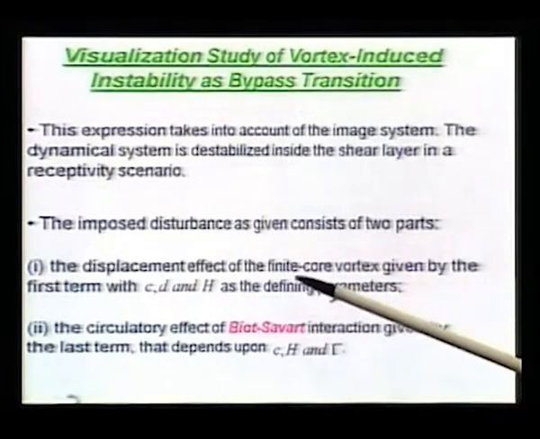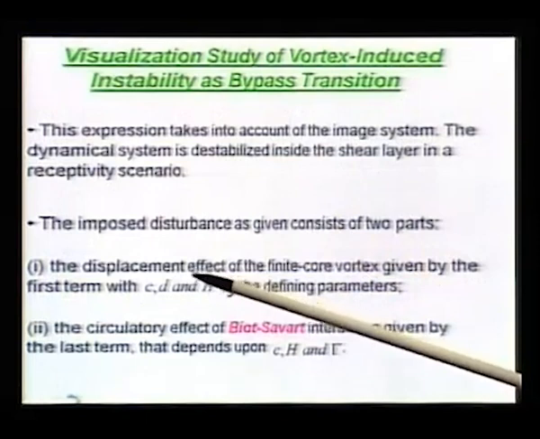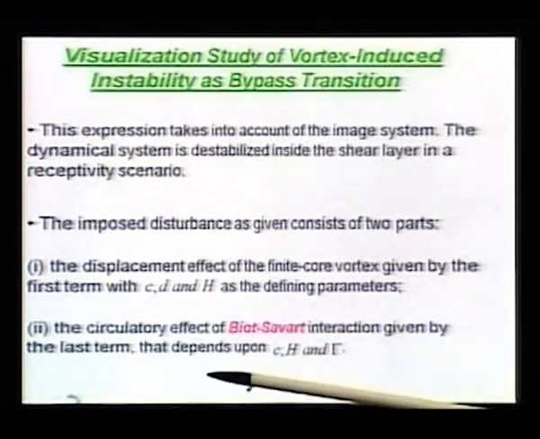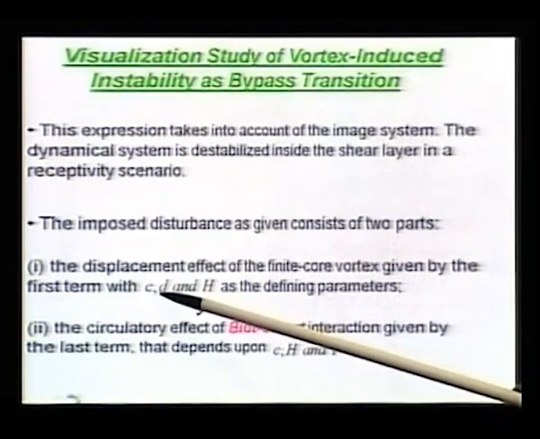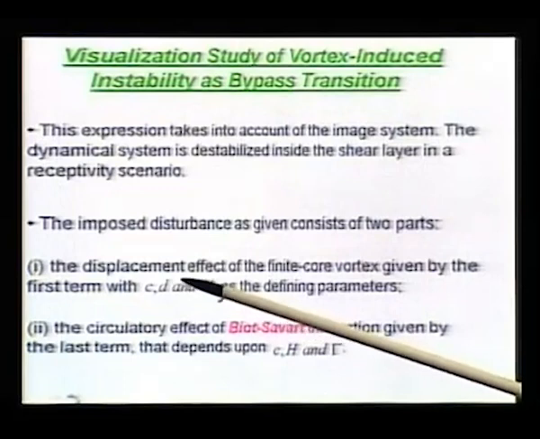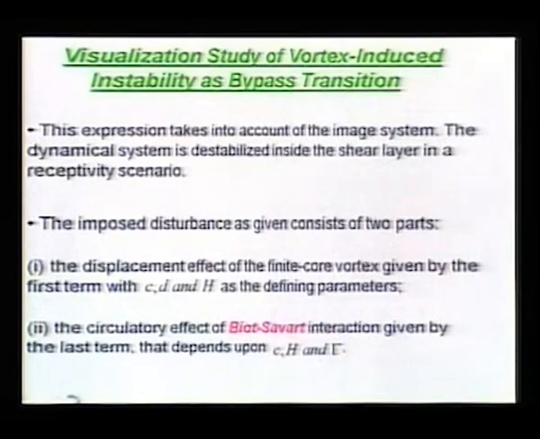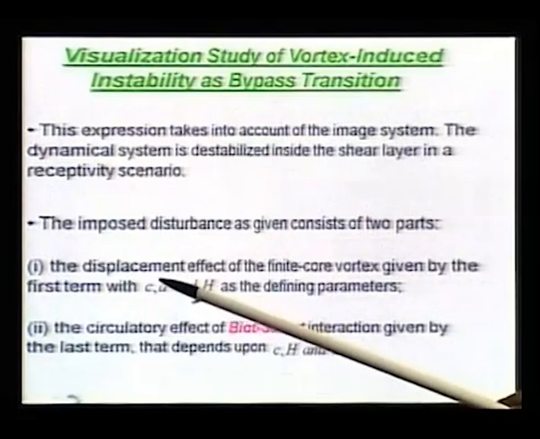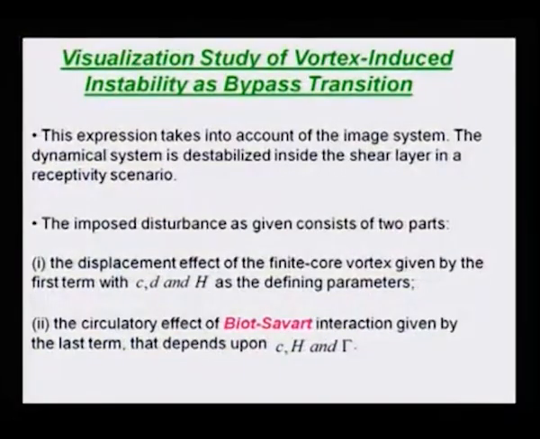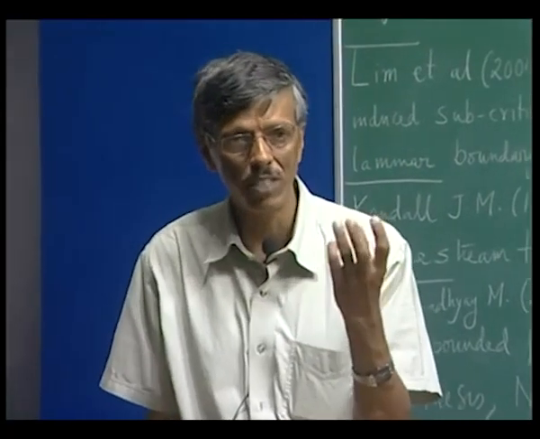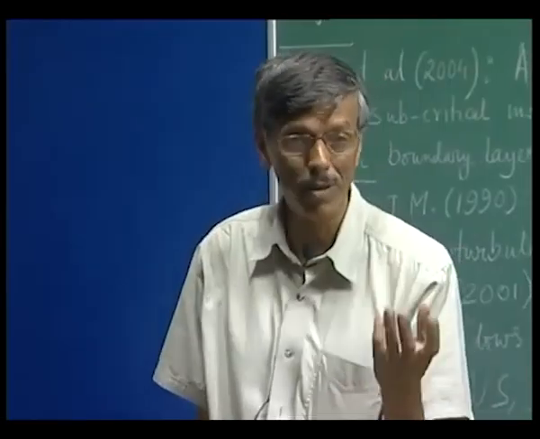I told you there are two effects. The displacement effect, if you look at the expression, depends on C, d the diameter of the cylinder, and h the distance. Well, pretty much obvious. C is there because we are talking about the relative speed U infinity minus c. That is how C appears here. Then d is of course the size of the cylinder, which determines the dipole strength, the doublet strength.